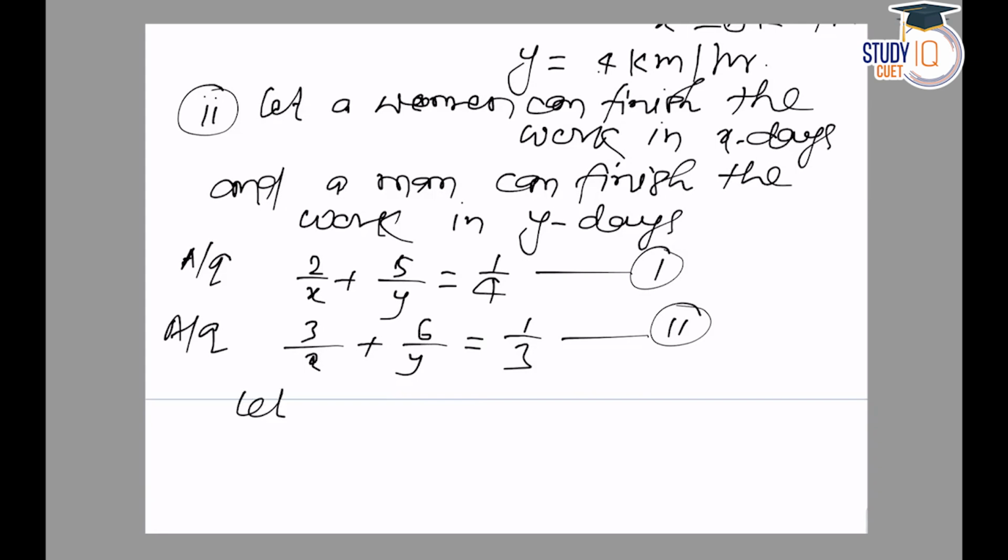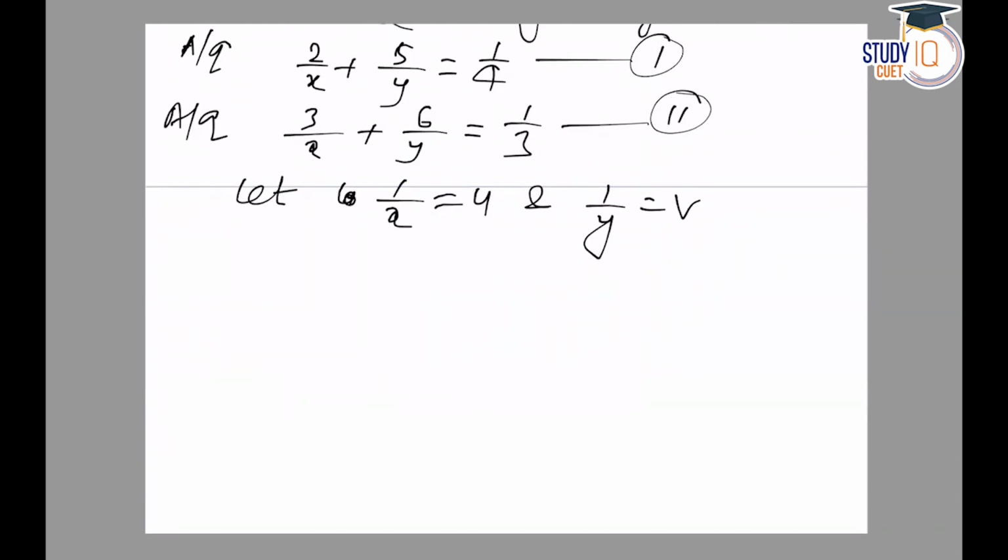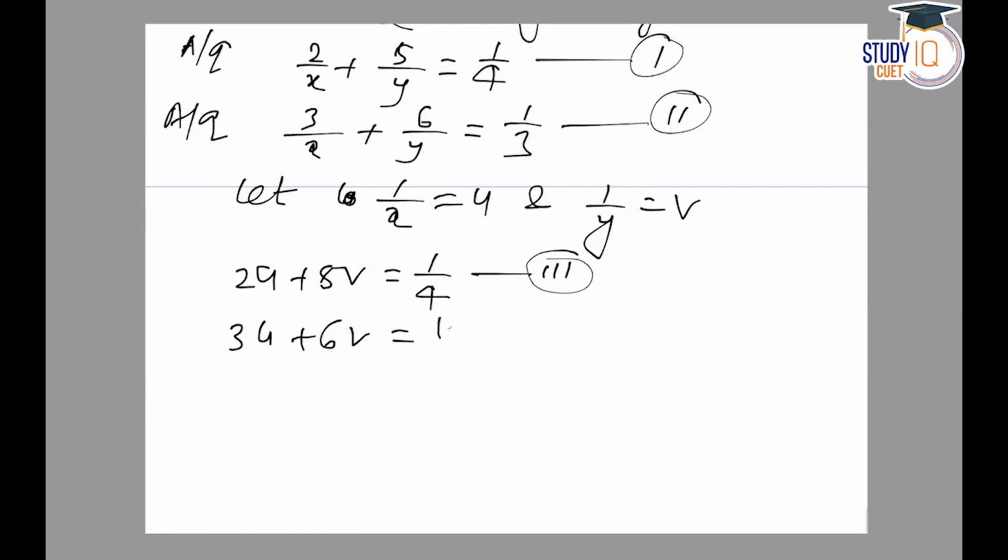Now, let 1 by x equals to u and 1 by y equals to v. So, equation 1 and equation 2 reduce to 2u plus 5v equals to 1 by 4. Let equation 3, and second equation reduces to 3u plus 6v equals to 1 by 3. That is equation 4. So now eliminate u.